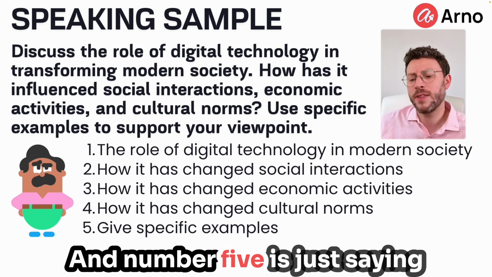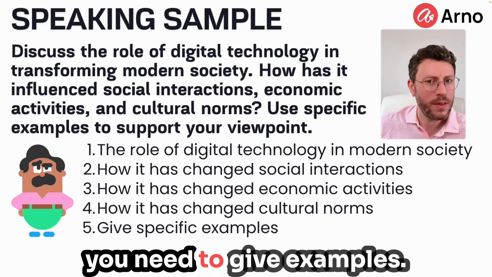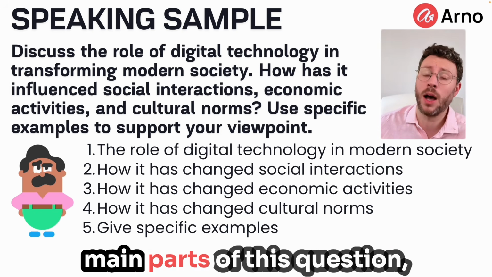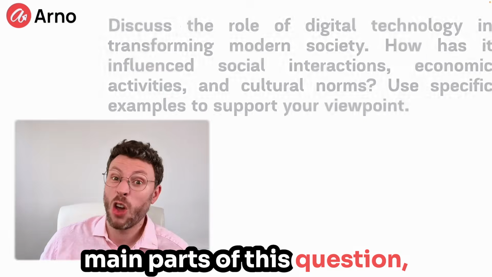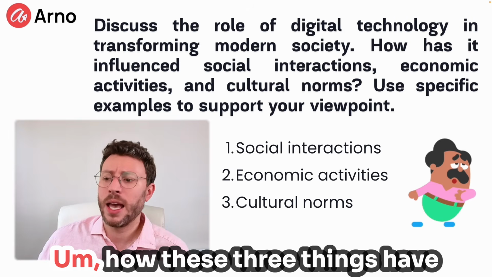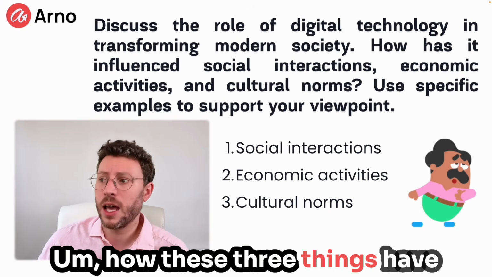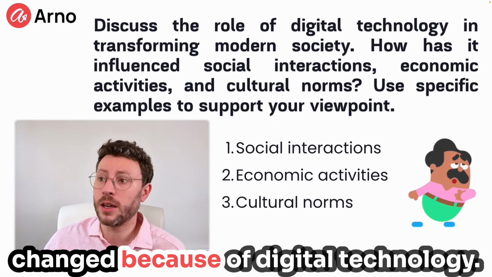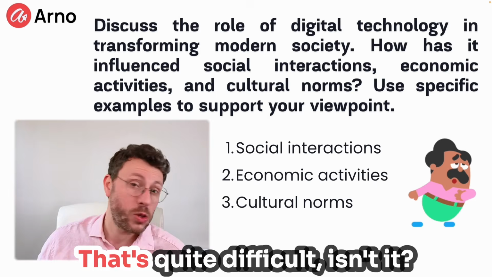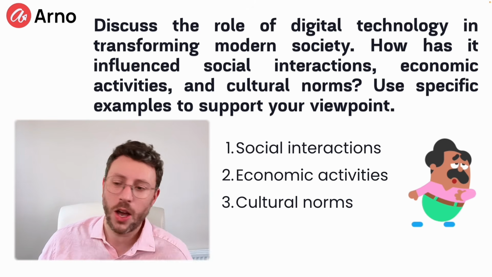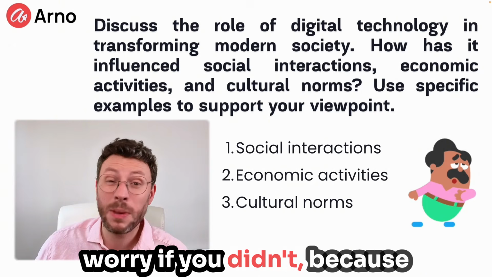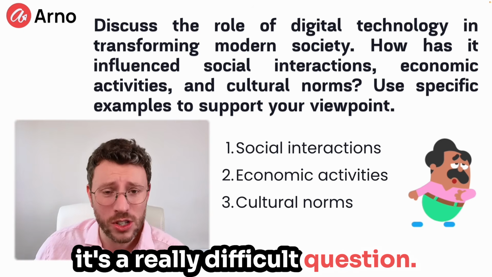And number 5 is just saying you need to give examples. So when we think about the main parts of this question, really, there are only 3, right? How these 3 things have changed because of digital technology. That's quite difficult, isn't it? All right, I hope you got that, but don't worry if you didn't, because it's a really difficult question.